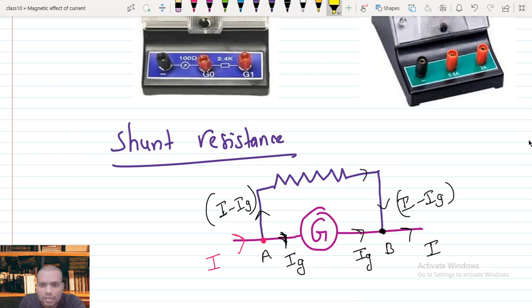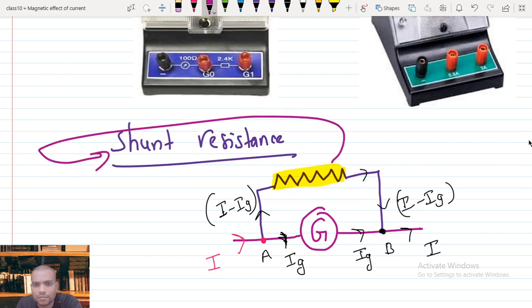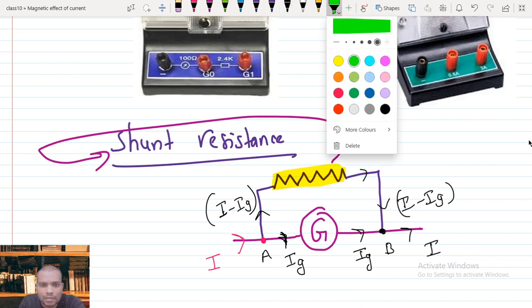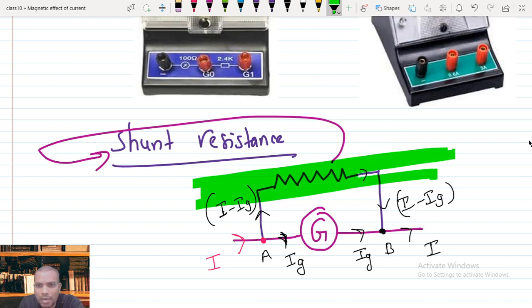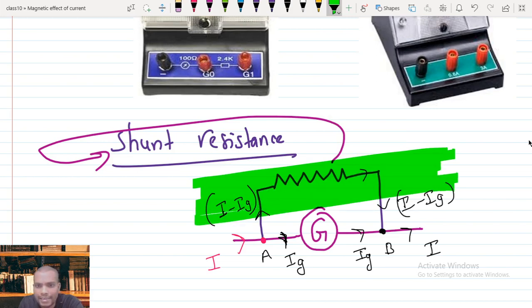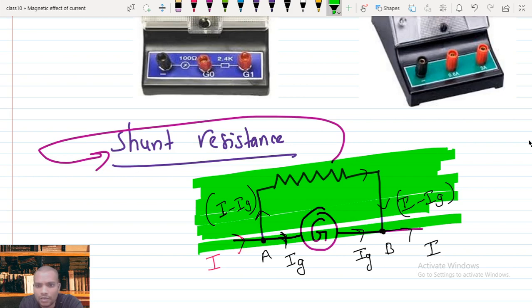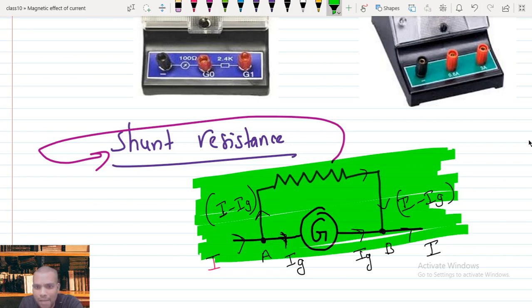So the resistance connected in parallel to the galvanometer plays a key role, and this is called the shunt resistance. And this entire setup, a resistance in parallel with the galvanometer, we call an ammeter.